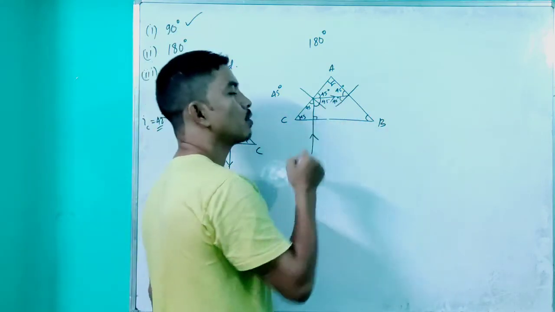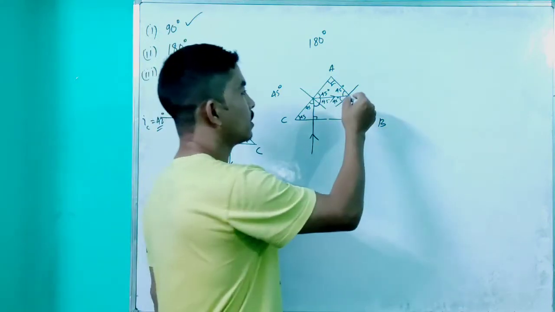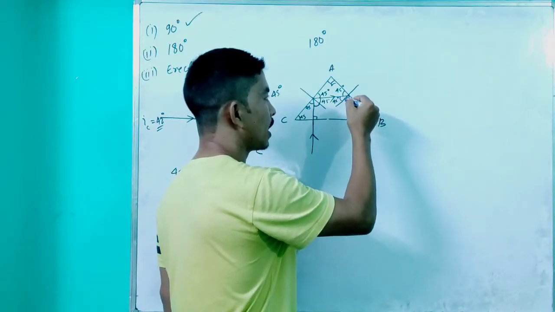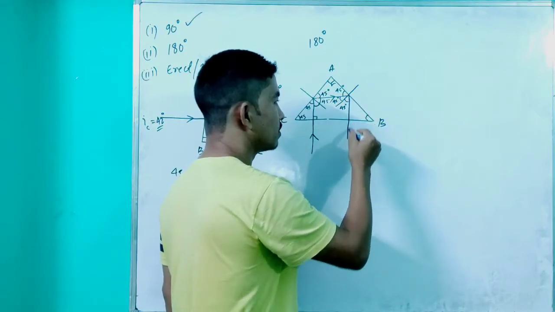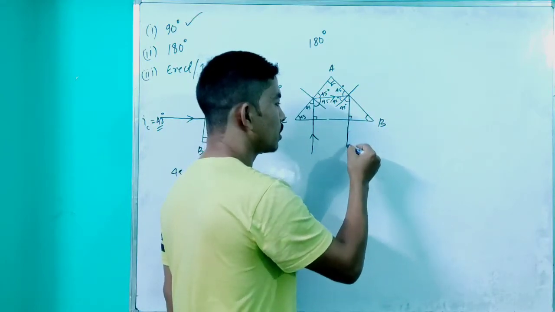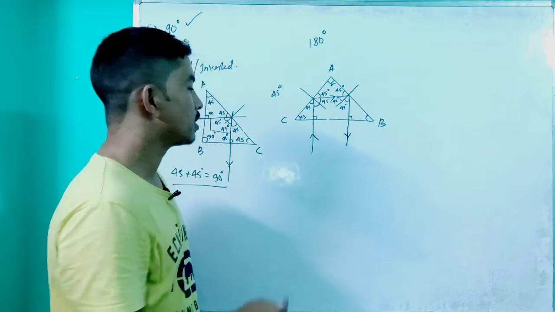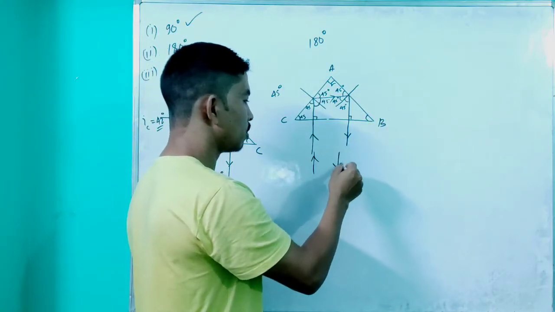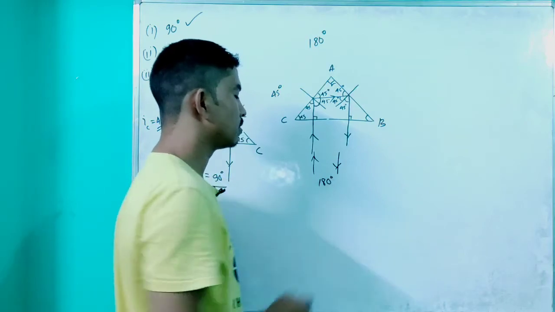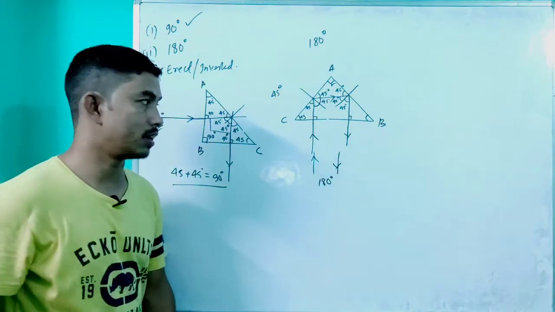So the ray of light will follow the law of reflection and will be reflected back with the angle of reflection as 45 degrees, and then the ray of light passes here normally, without any deviation. So we see that the ray of light was going upward, now it is coming downward. That means the ray of light is deviated by 180 degrees.